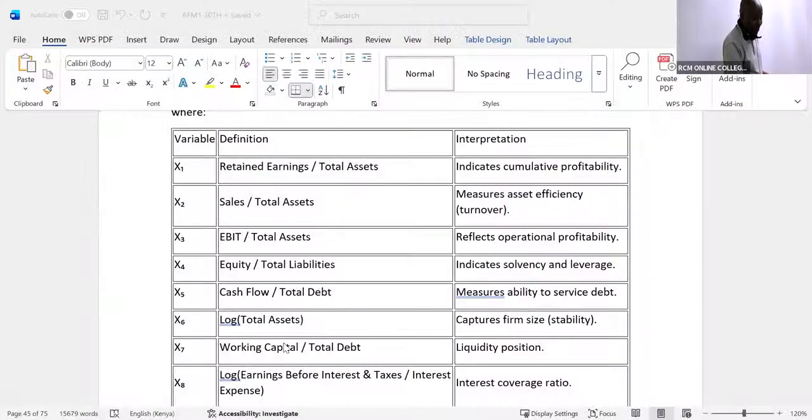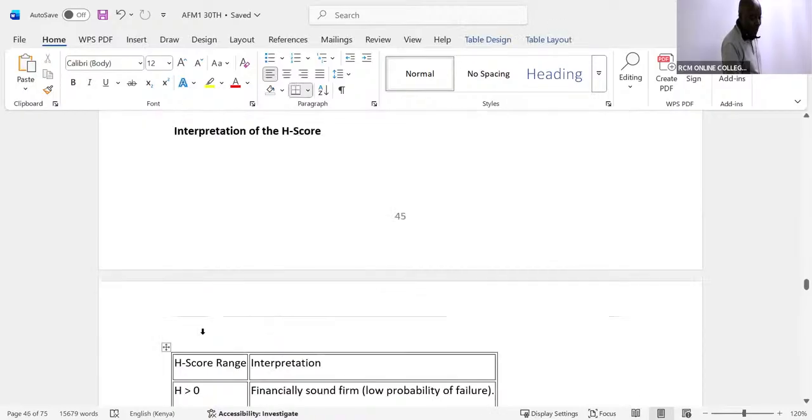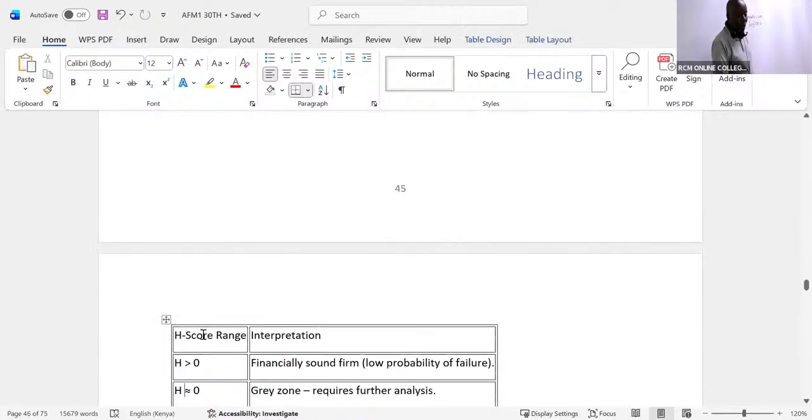All right. And then in this case you can see X7 is working capital. Also be careful with X8. You need to get log over that quotient. Now, the most important thing, ladies and gentlemen, under Fulmer's model, you need to know how to interpret the H. H0 is neutral.